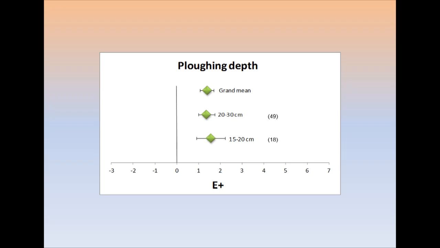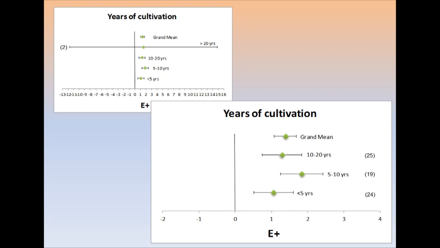One that is of interest here is the length of the experiments, and you can see here there is at least a trend that, as you would expect, if it is less than 5 years, there is a smaller increase than when it is longer, but it seemed to indicate that this will actually level off, and then if it is longer than that, you might have maybe soil compaction and so on, which is negative.